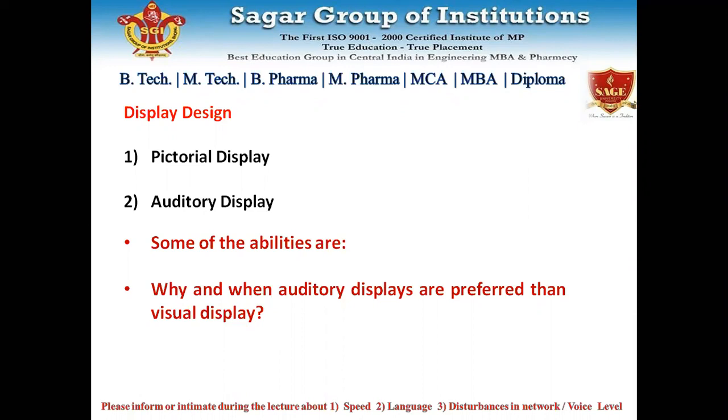Now the relationship between static and dynamic objects, we'll study in the next lecture. Then we'll move ahead with the auditory display, see its abilities, and compare it with the visual display: how the visual display is different from the auditory display, and which one is preferred.